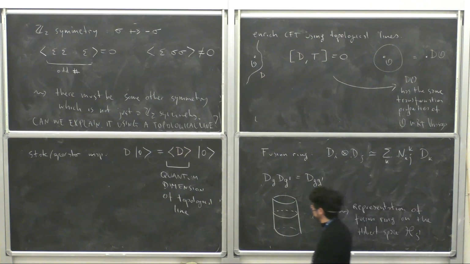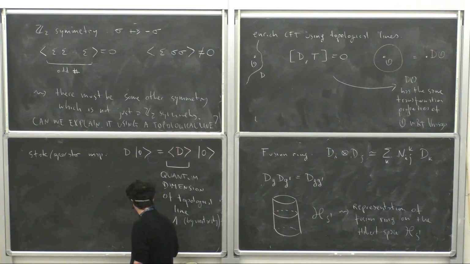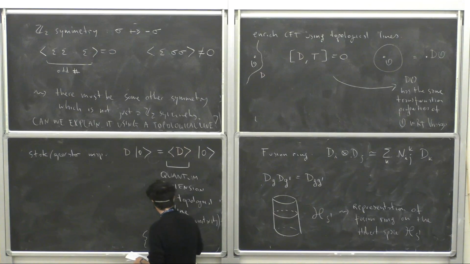Unitarity implies that the quantum dimension has to be greater than or equal to 1. And if it is 1, then we expect the line to be invertible.